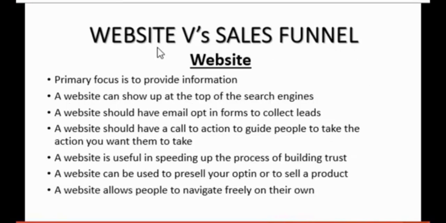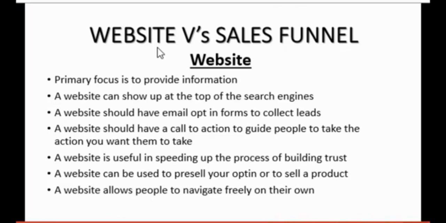So basically, let's just have a look at the difference between a website and a sales funnel, just in case you aren't already aware. A website's primary focus is to provide information. It might be a blog website or something like that, or it's got lots of different tabs on it. The benefit of a website, in terms of generating traffic, is that it can actually show up at the top of search engines.